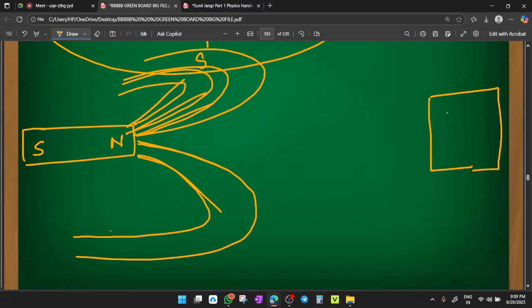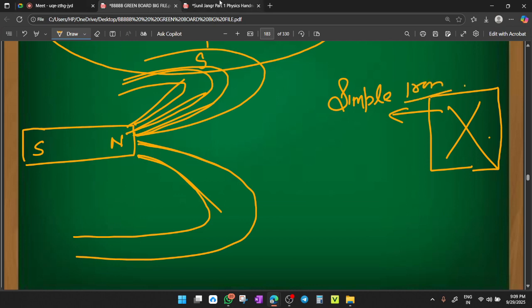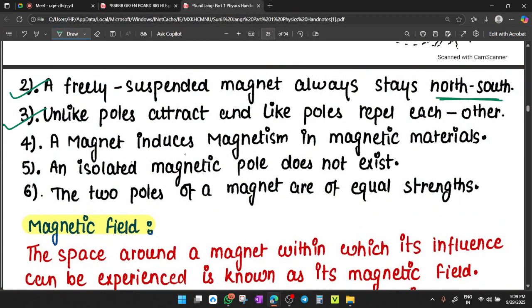So there is no generation of any pole there and no magnetization takes place. Understood? So this will behave as a simple iron piece, not magnetized. So this line is very important: a magnet induces magnetism in magnetic material.